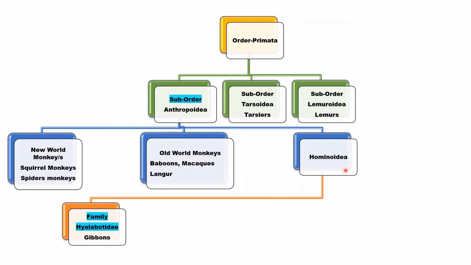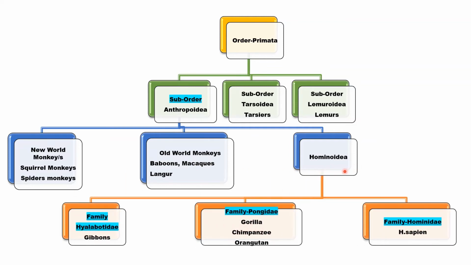Hominoidea further includes 3 families: Hylobatidae, which includes gibbons; Pongidae, which includes gorilla, chimpanzees, and orangutan; and humans belong to family Hominidae. So try to remember this classification of humans.